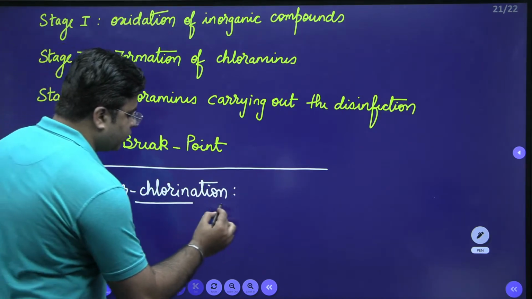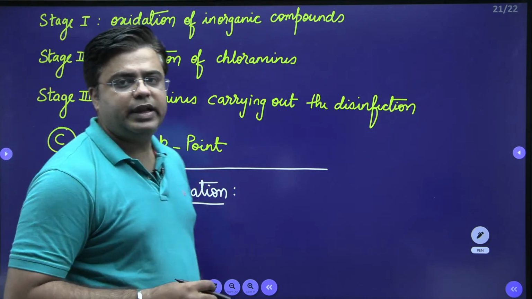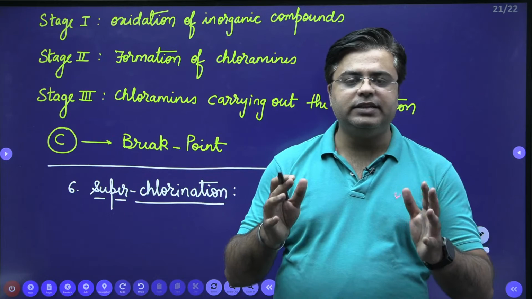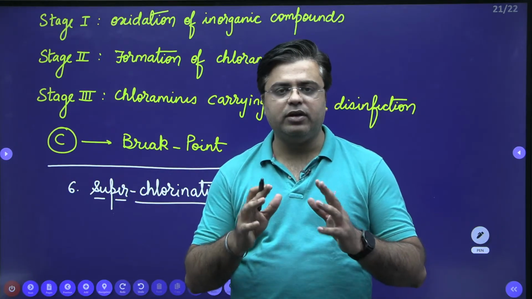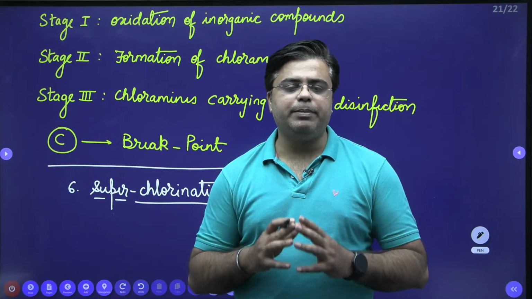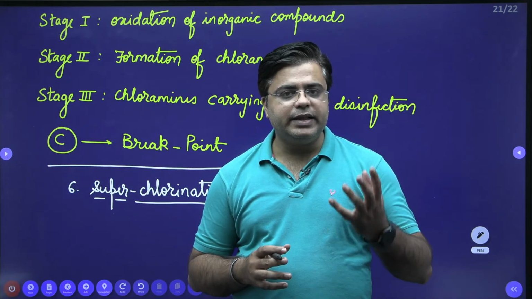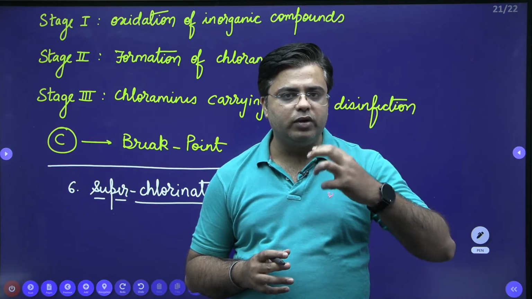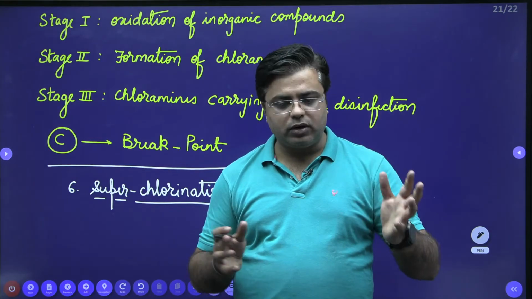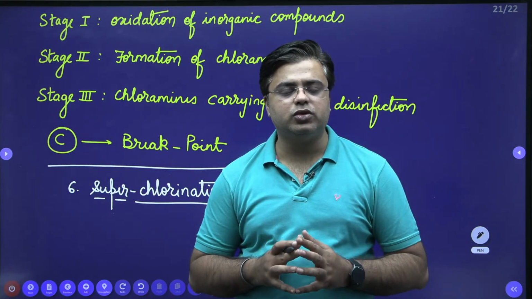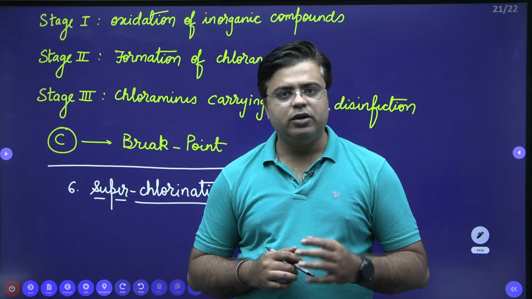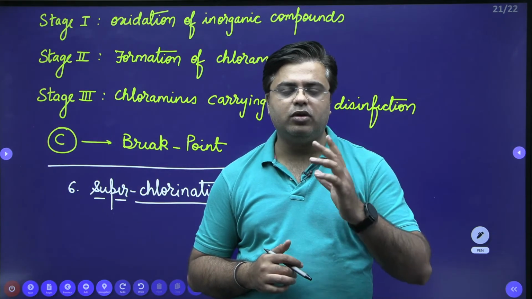Now, this superchlorination is done only during pandemics or epidemics. If there is any disease outbreak in a particular region or in a particular country, then during these epidemics or pandemics, intentionally more chlorine is added in water, so that if any artificial microorganisms or microorganisms from remote sources are getting added, those microorganisms can be killed through this added amount of chlorine.